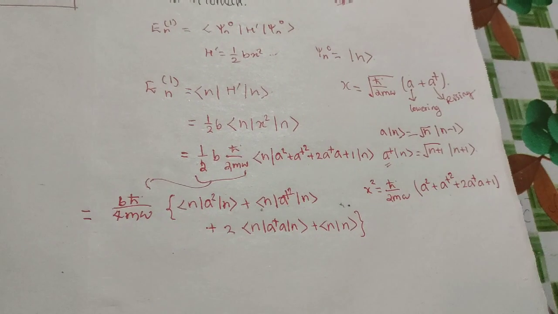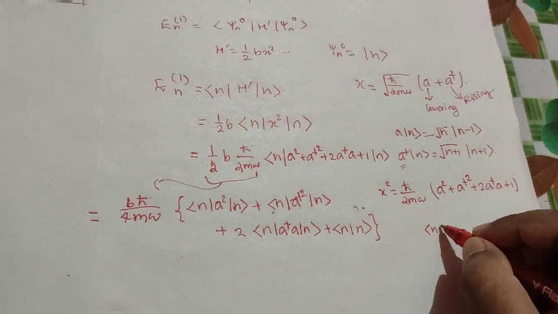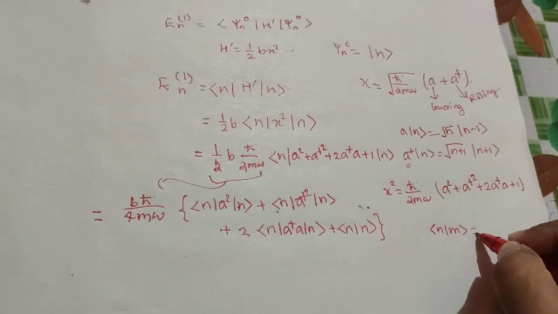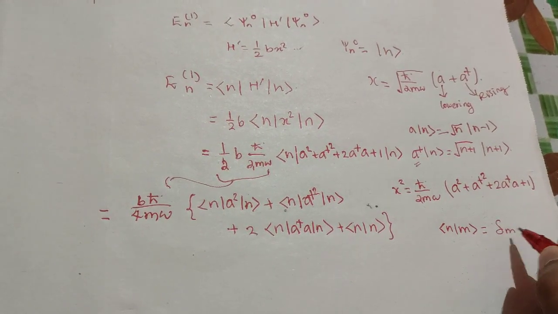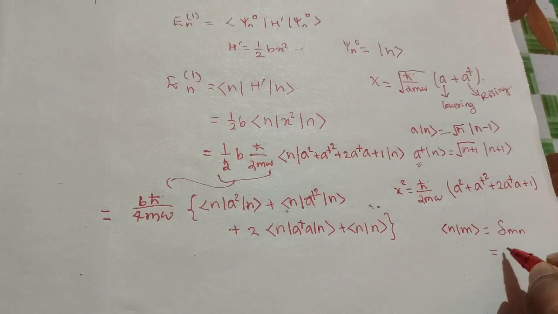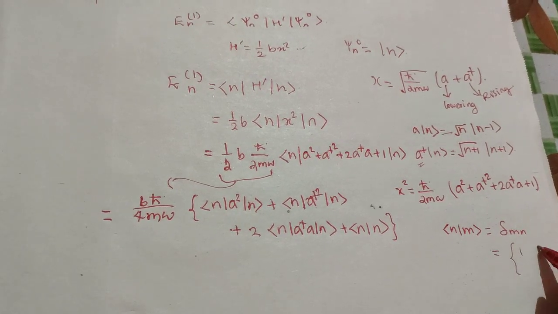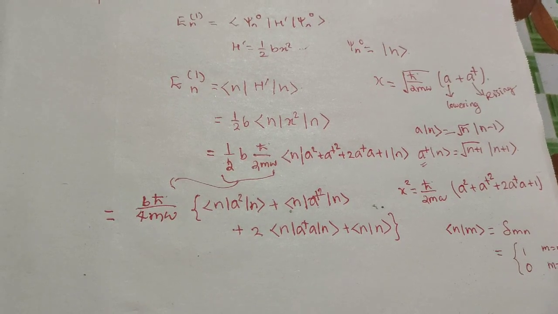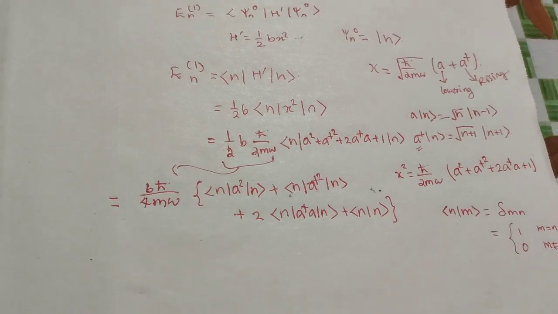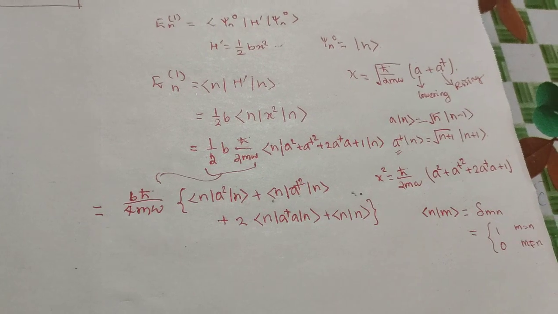Here remember one thing: the inner product of bra n and ket m is delta nm, which is 1 when m equals n and 0 when m is not equal to n. That is, the states are orthogonal.